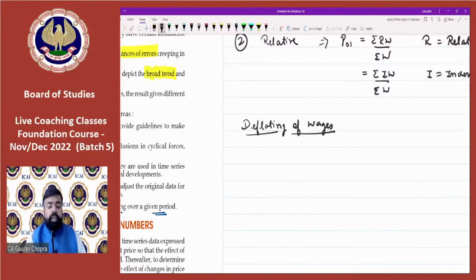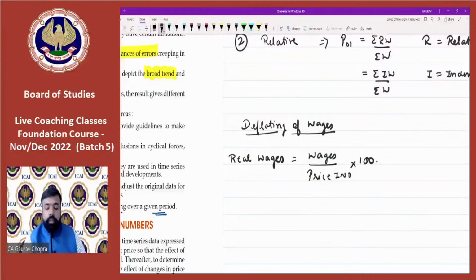Let us write one formula first and then take one example. There is a formula for calculation of real wages: wages upon price index number multiplied by 100. So this is the formula.